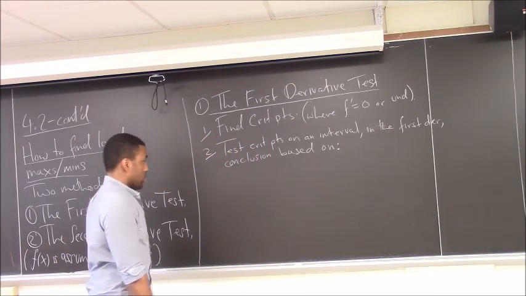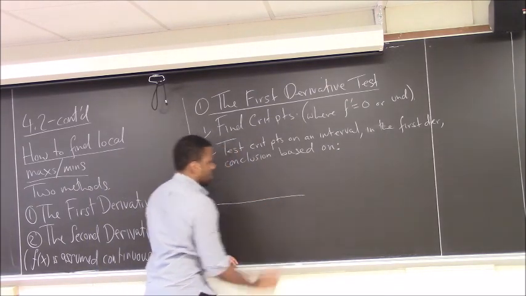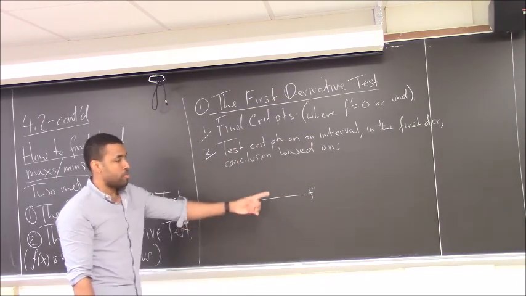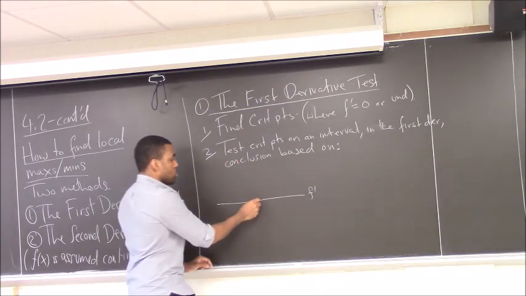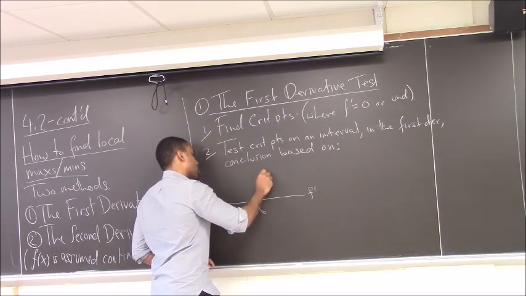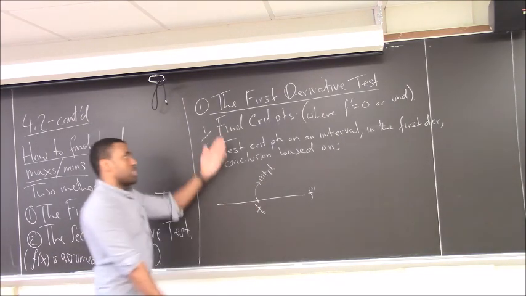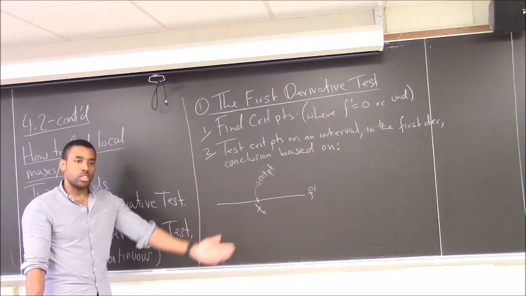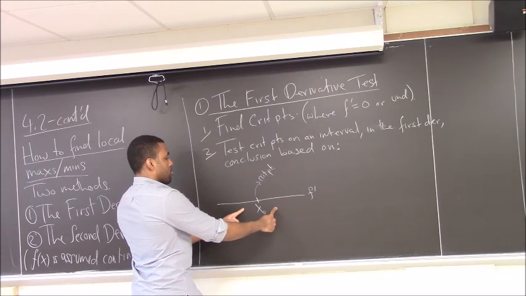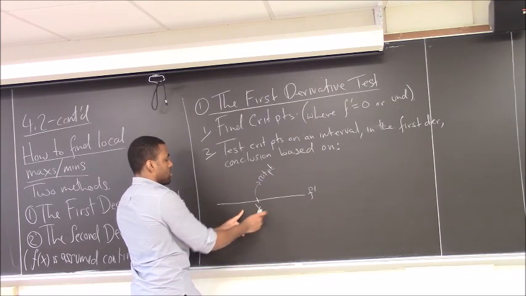So here's one situation. You have an interval which you're going to be plugging numbers into the first derivative. Let's say you locate a point x0, that is your critical point. From step 1 you find all your critical points, x0 is one of them, you plot it on a number line. What you're going to do is take values immediately to the left and the right of this.